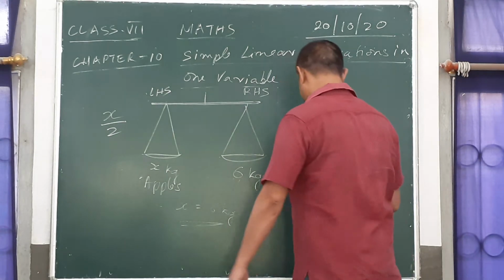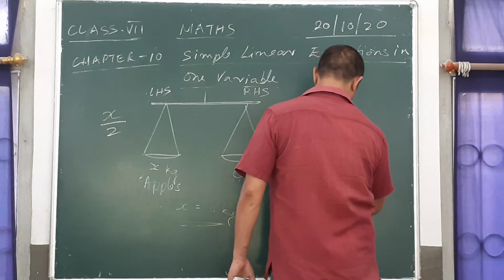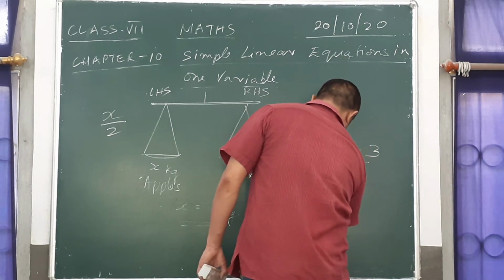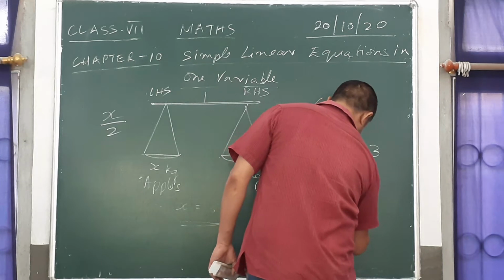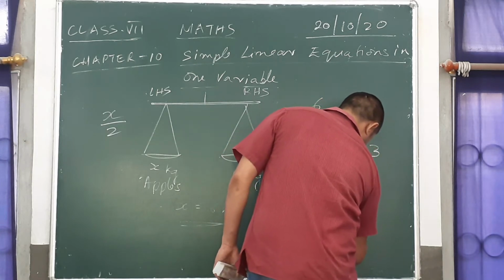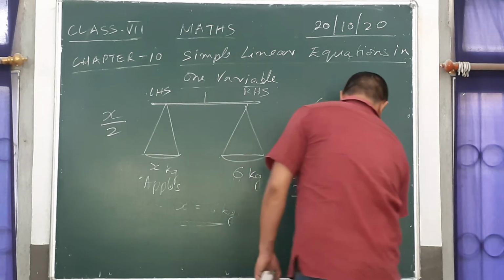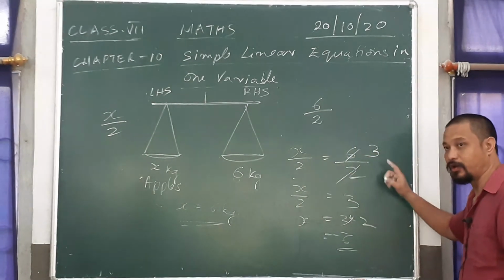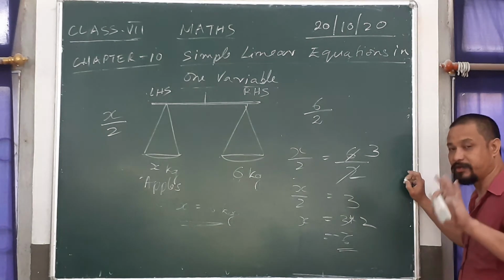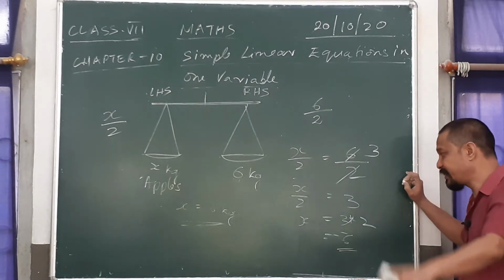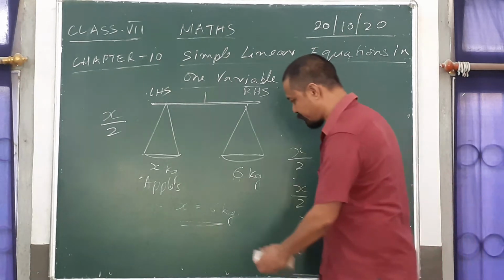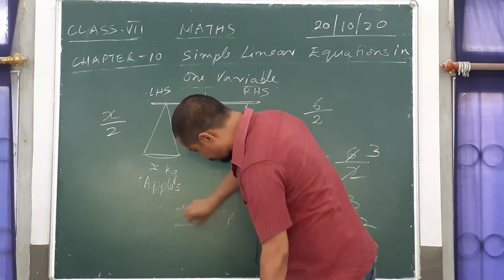So x divided by 2 is equal to 3, or x equals 3 into 2, again we have 6. See, when we subtracted, when we added, when we multiplied, and when we divided, everything is coming down to 6, the original value. That's why I told you to pay attention to this original value.